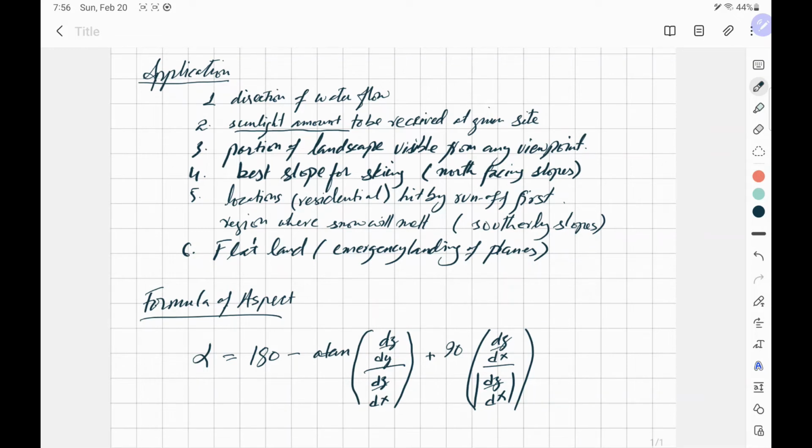This formula is devised by Zevenbergen and Thorne. So aspect, I'll use the same alpha, is arc tangent of minus h divided by minus g.